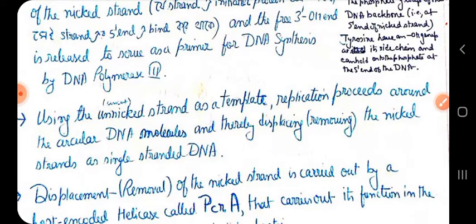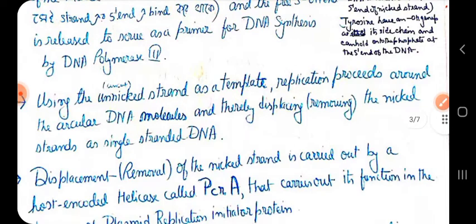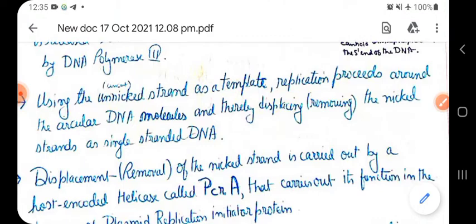So with the help of that 3' OH end as a primer, using the unnicked strand as a template, the replication will go on around the circular DNA molecule, displacing the nicked strand as single stranded DNA, just like a reel, like a film cassette in the old days, cut on one end and getting displaced in one direction, while the new strand is getting synthesized in the other direction.